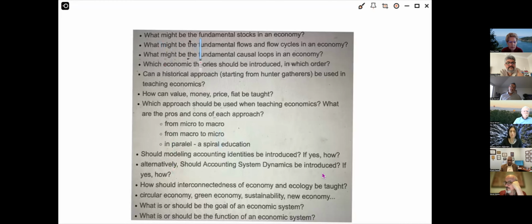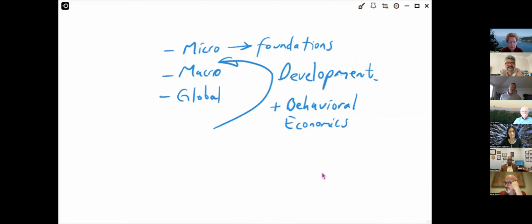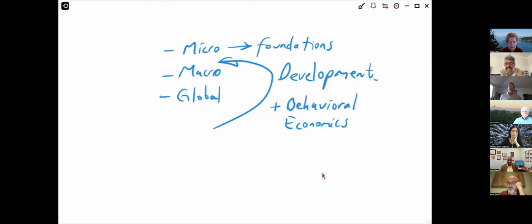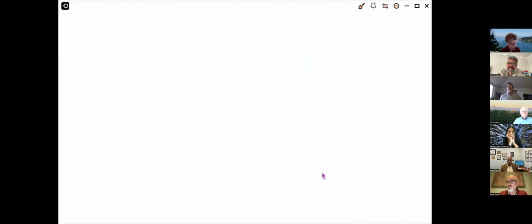Now, what might be the fundamental stocks in an economy? I think I will focus on this question, flow cycles. I identified 2 flow cycles that you can work on later on. One of the main focuses in the K-12 economics I teach is the circular flow model. It's a very simple idea, as you know.